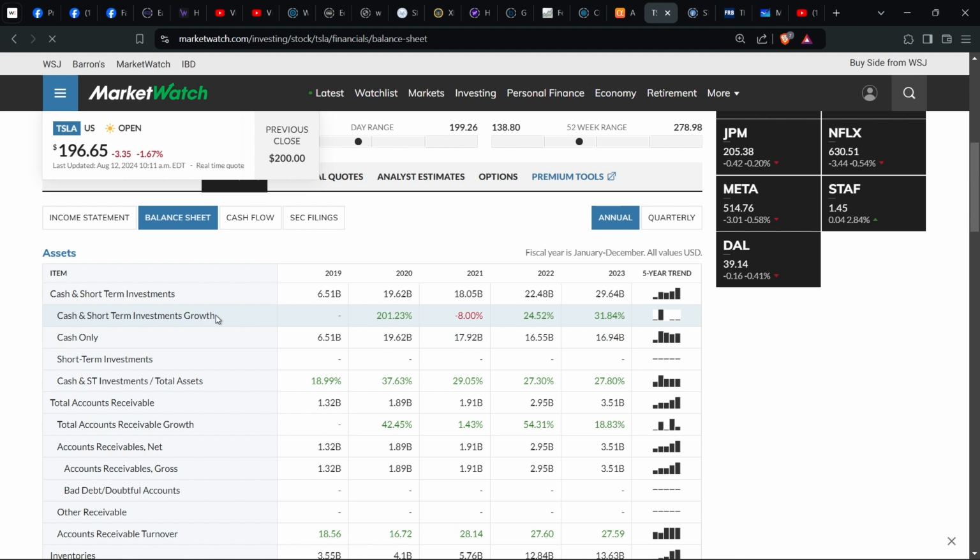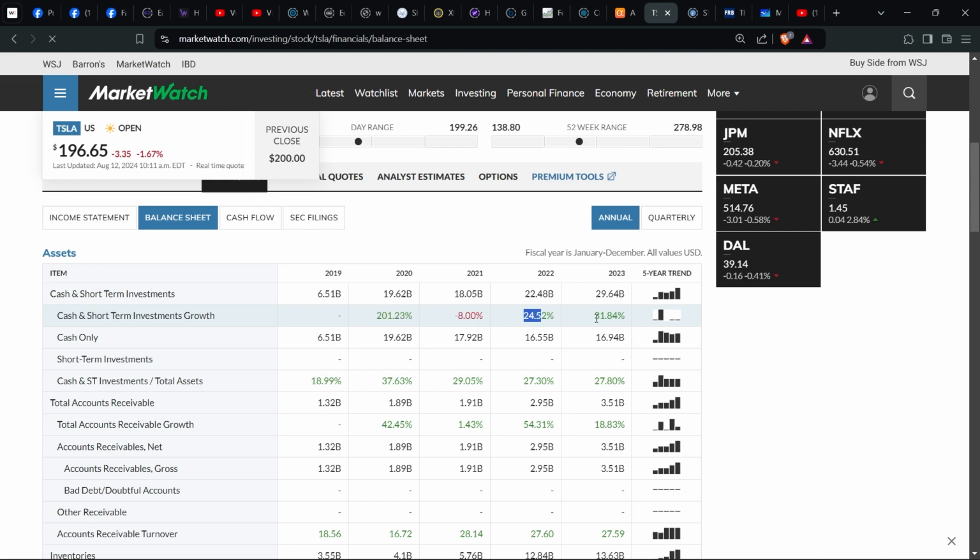When you're looking at a balance sheet, it's important to note how fast the cash pile is growing. In 2019 to 2023, you see 6 billion, 19, 18, 22, 29.